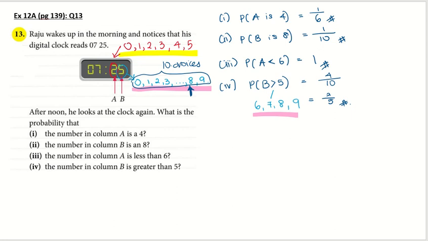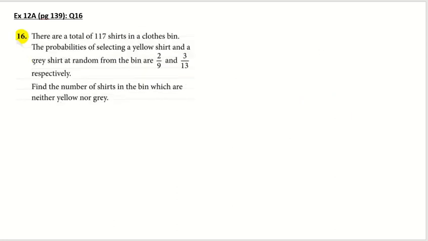Last example for this section, which is question 16. Okay, let's have a look. Similar to what we have done, I tell you that there is a total of 117 shirts in a clothes bin. The probability of getting a yellow and a gray shirt at random is 2 out of 9 and 3 out of 13 respectively.